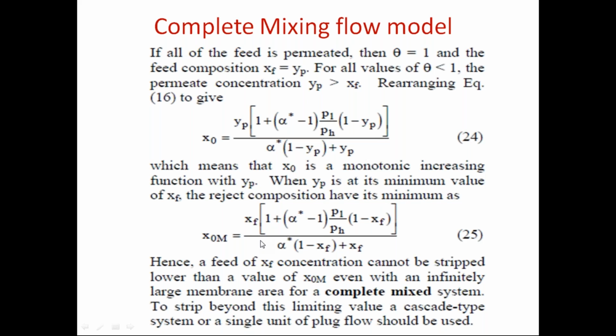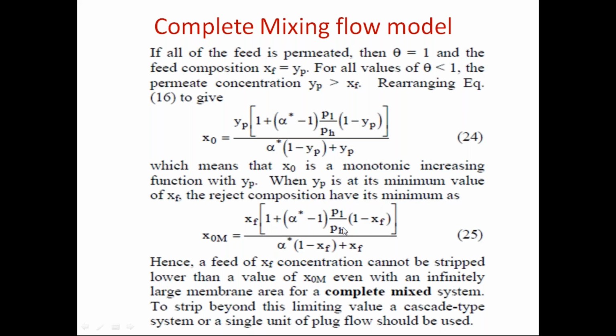Now you can take a decision that by using this membrane and by using this operating condition, this is the minimum possible reject concentration which we can obtain by using the particular system. If you are not satisfied with that, for example, say the toluene concentration is to be reduced to a particular value, and the minimum possible value is more than the threshold value, then the membrane has to be changed or operating conditions are to be changed.